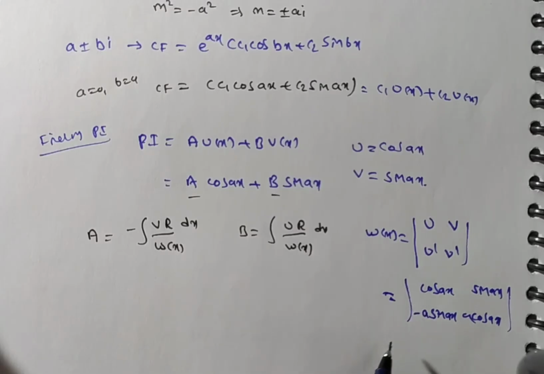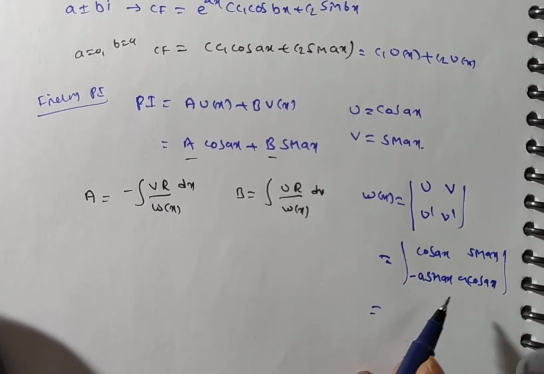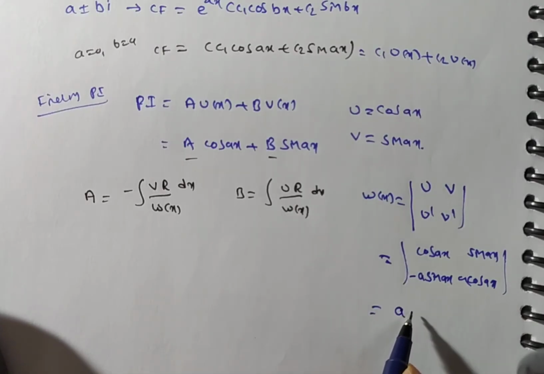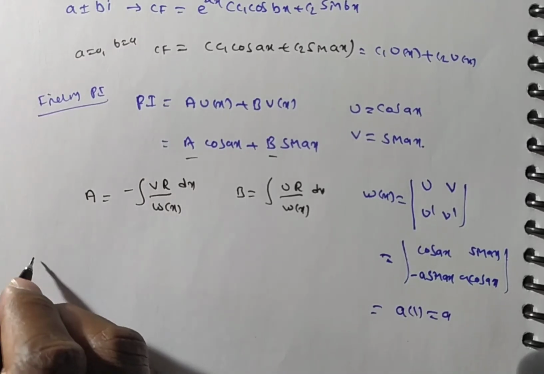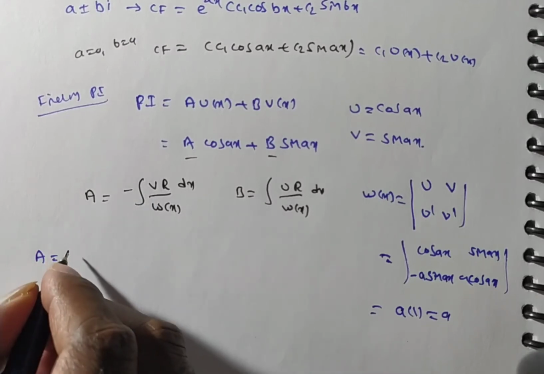Taking the determinant, we have a cos square ax minus of minus a sin square ax. Taking a in common, we have a into 1, so the Wronskian is a.